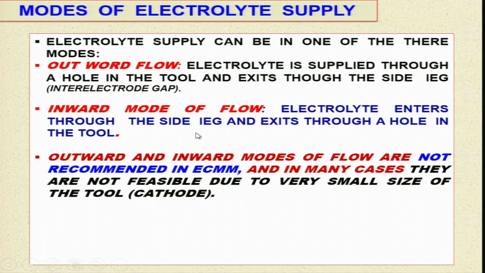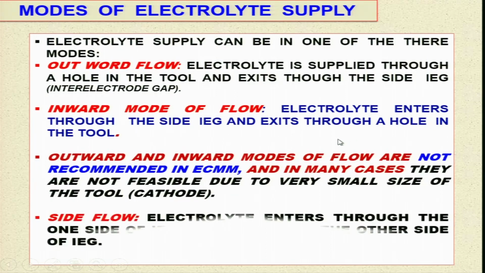Inward mode of flow: electrolyte enters through the side inter-electrode gap and exits through a hole in the tool. Again, this is not recommended because hole drilling in micro tools is not that feasible. Side flow: electrolyte enters through one side of the inter-electrode gap and exits from the other side of the inter-electrode gap.